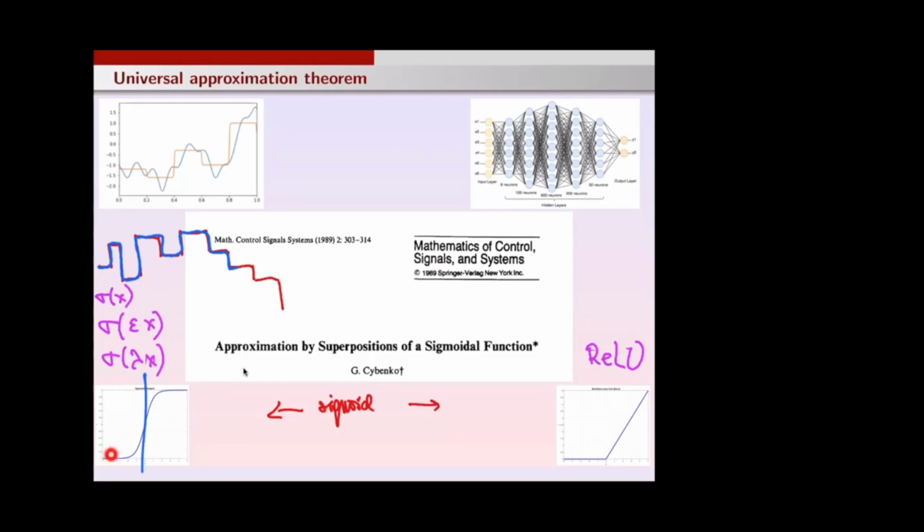This sigmoid will be more dispersed; it will take much longer space to transit from 0 to 1. On the contrary, when you take the scaling parameter lambda very, very large, you compress the transition of sigma and make it very steep. Therefore, you will be adapting much better to the jump of a discontinuous function. Okay, good. So this is what Cybenko had in mind.